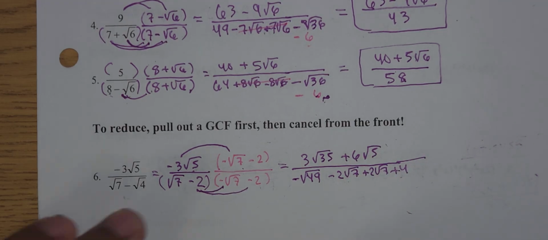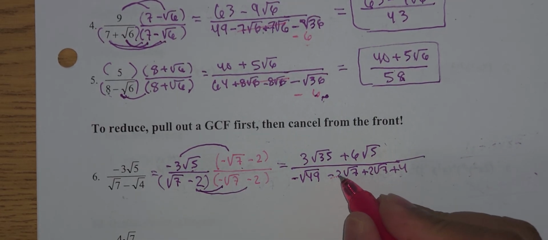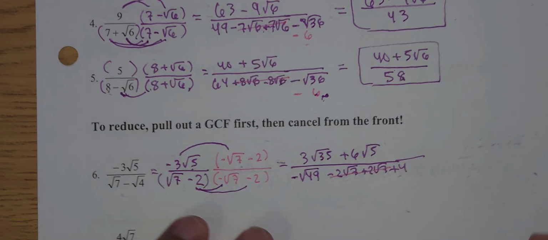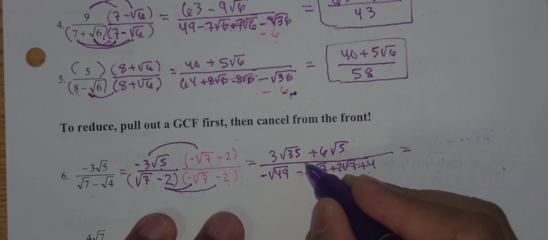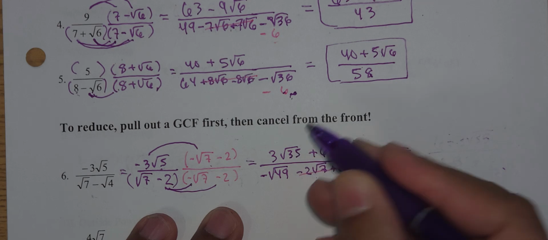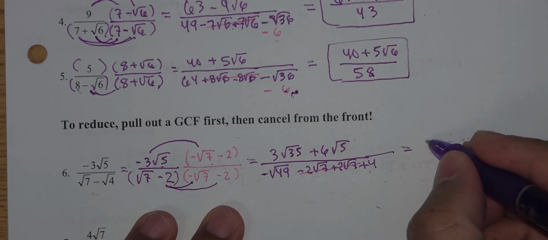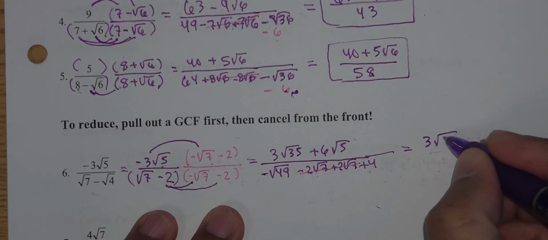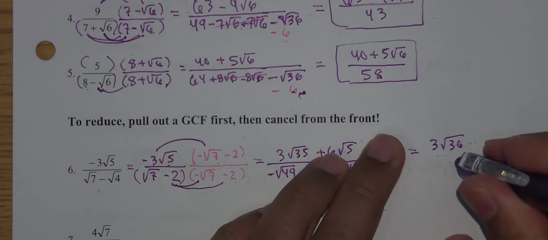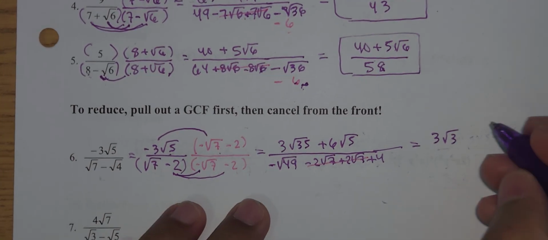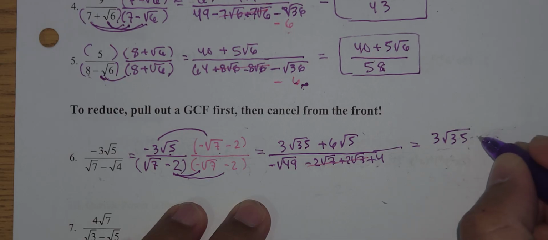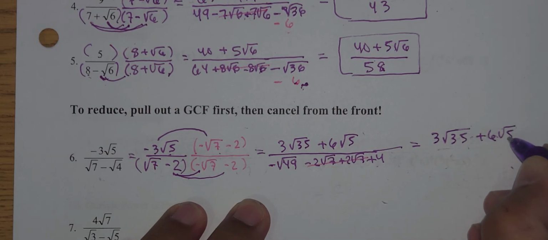And again, as you can see, these two cancel. So then let's continue simplifying. So we have 35 is 7 times 5, so we can't simplify anything from there. So just leave it as 3 square root of 35. And then the denominator, we'll see, so 35 plus 6 square root of 5.